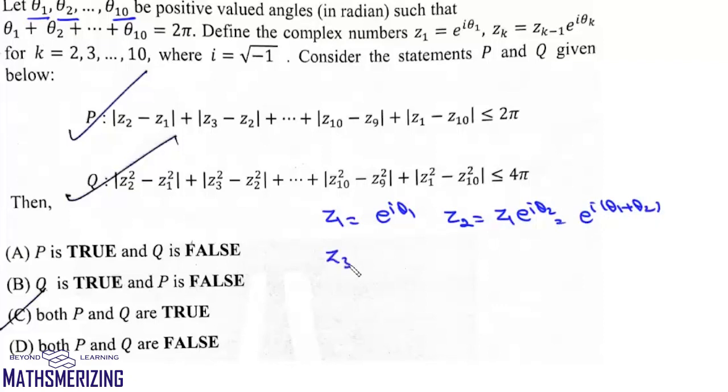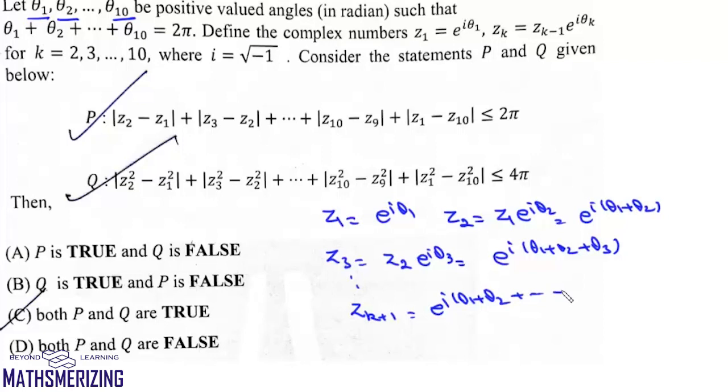In the same way, Z3 is Z2 into e to the power iota theta 3, which is e to the power iota theta 1 plus theta 2 plus theta 3. And in the same way, we'll have Zk plus 1, which is e to the power iota theta 1 plus theta 2 plus up to theta k plus 1.